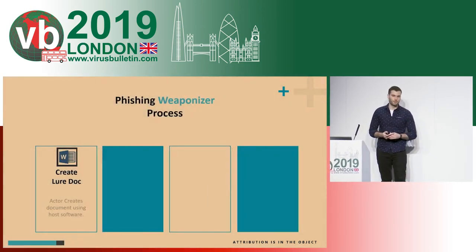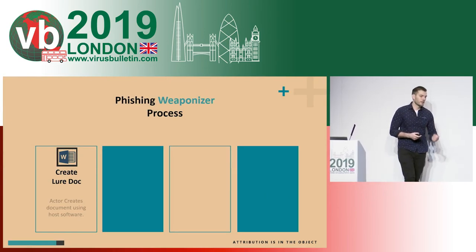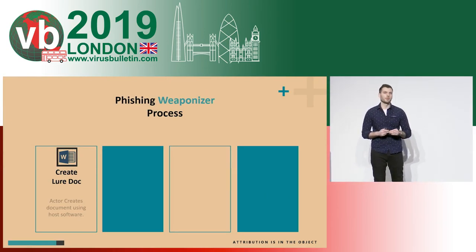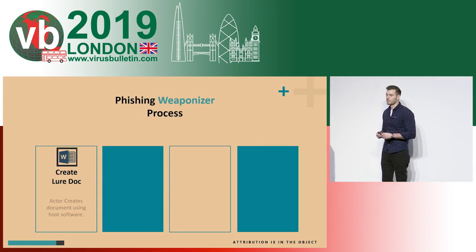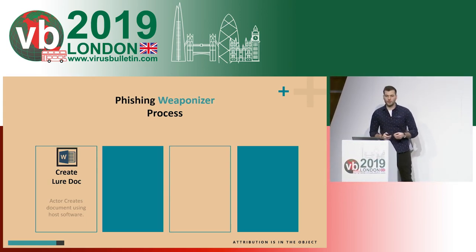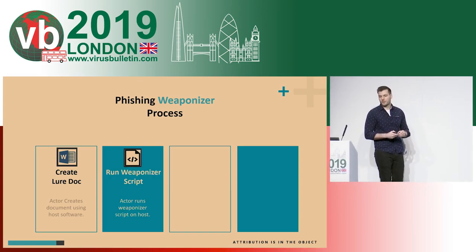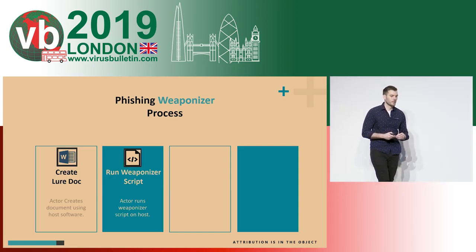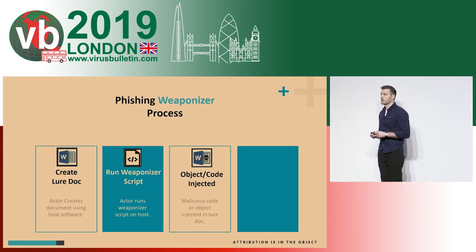So let's visualize that. Every campaign begins with a threat actor assembling a plausible social engineering lure. They then create a lure document utilizing a word processor or software on their host. Next, they run the weaponizer script, which will inject the malicious code into the Word document, resulting in a weaponized document.